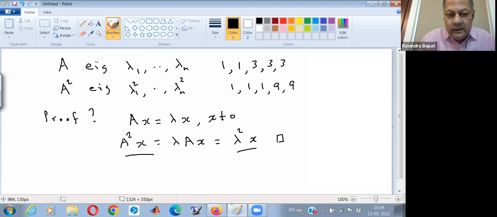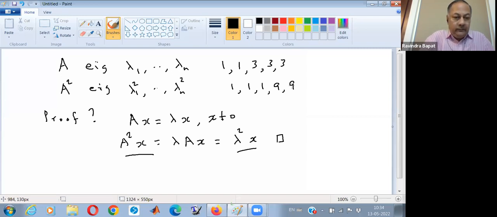Because what you have shown is that if A has eigenvalue lambda, then A squared has eigenvalue lambda squared. That's all you have shown. And it is satisfied in this example. A has eigenvalue 1, A squared also has eigenvalue 1. A has eigenvalue 3, A squared has eigenvalue 3 squared. But, as we know, this doesn't happen. In fact, it has to be 1, 1, 9, 9, 9. And that we have not proved.